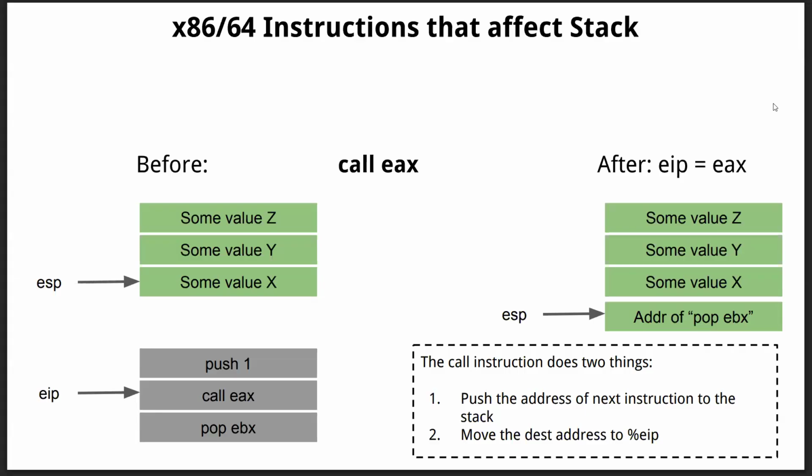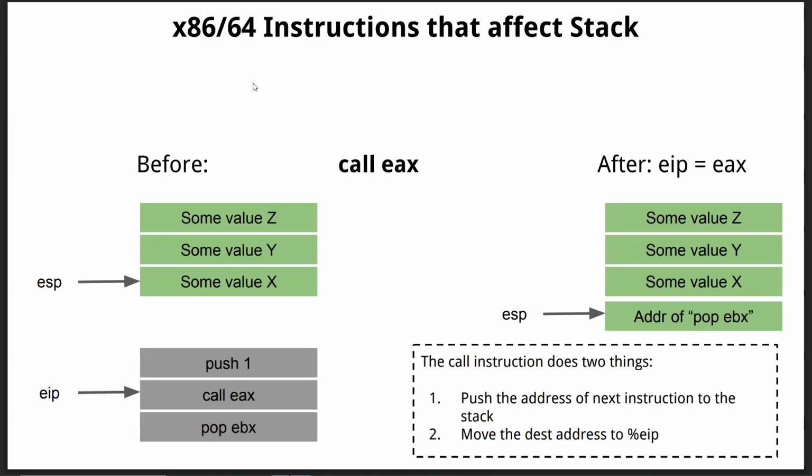The call instruction does two very simple things. The first thing is to push the address of the next instruction onto the stack. The current instruction is call EAX, the next instruction is pop EBX, so the address of this instruction will go to the stack.